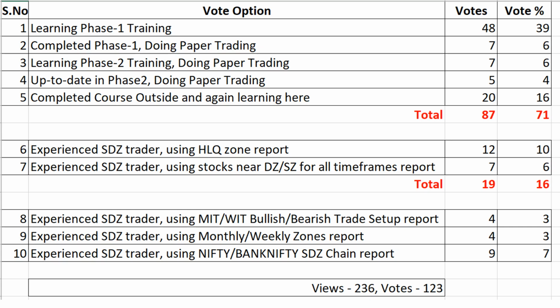Some people are doing it, but there are very few, very few. Let me show you with the details, you will understand. See here, 87 people are currently attending the training. 19 people, that means close to 20, let me say a round number, are already using this stocks near demand and supply zones report every day.